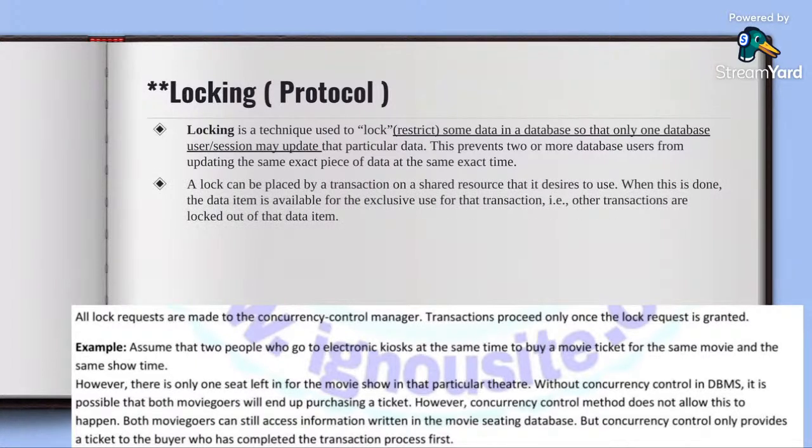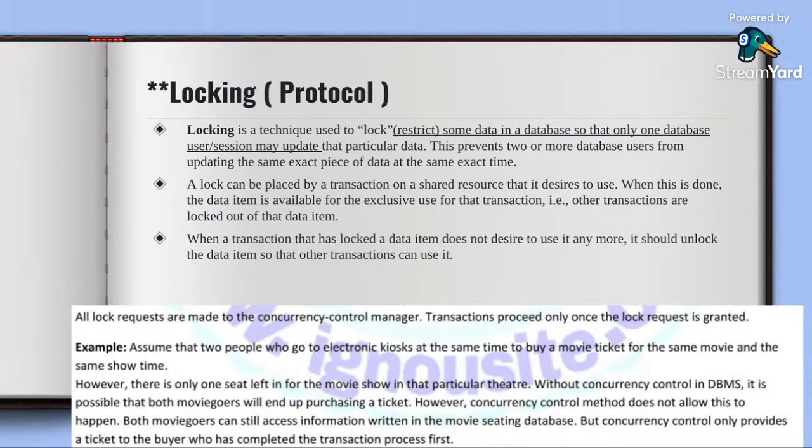A lock can be placed by a transaction on a shared resource that it desires to use. When this is done, the data item is available for the exclusive use of that transaction. The other transactions are locked out of that data item.